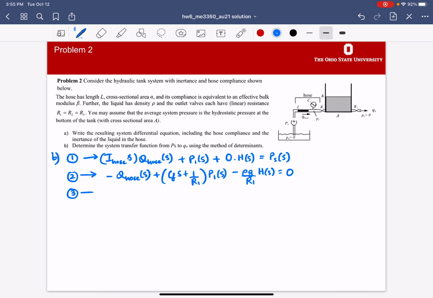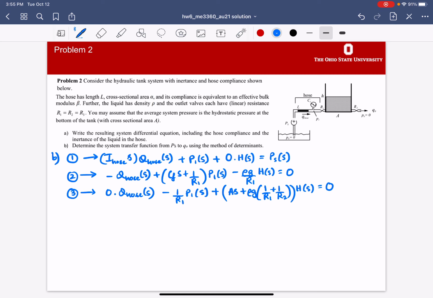And our final equation would be 0 dot Q hose S minus 1 by R1 P1 S and plus AS plus rho G times 1 by R1 plus 1 by R2 HS is equal to 0.